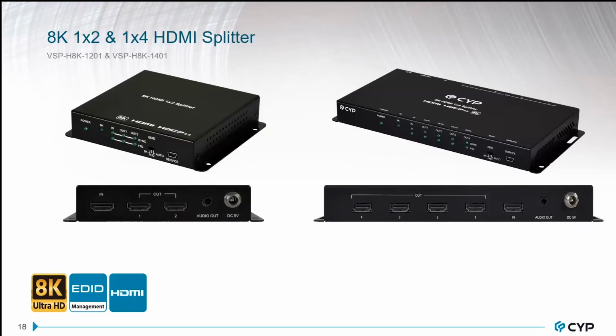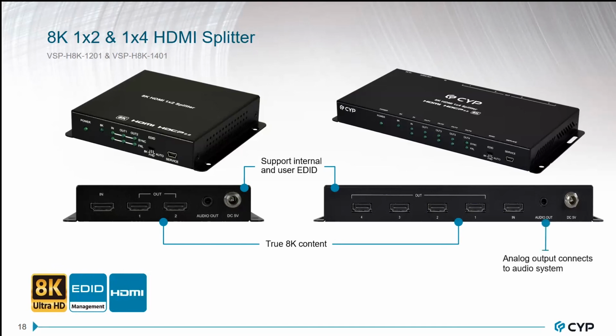For the splitter, we have a 1:2 and a 1:4 HDMI splitter. It can deliver true 8K content. The internal and user EDID management can fit different user requirements. The analog audio output can connect to the user's audio system, and the USB service port allows the firmware to be easily updated.